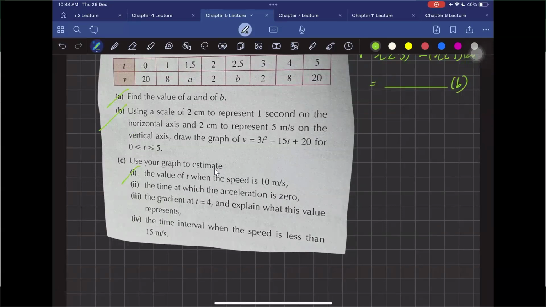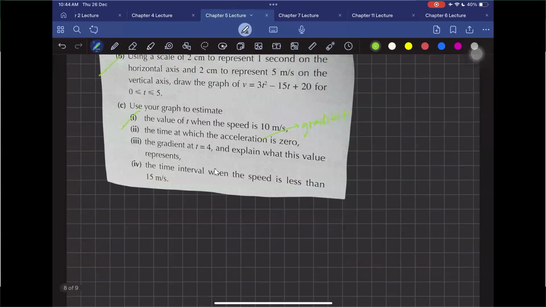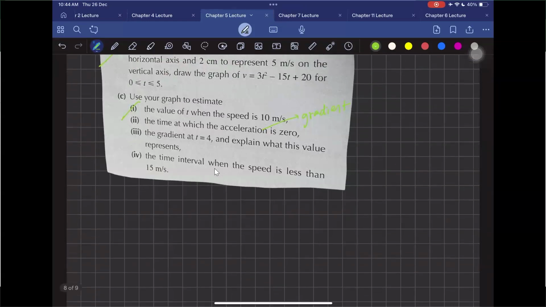So again, remember what I said, your acceleration is your gradient. Okay, so they're asking for the time when your gradient is equal to 0. Just a quick recap, your gradient is 0 when your line is horizontal.